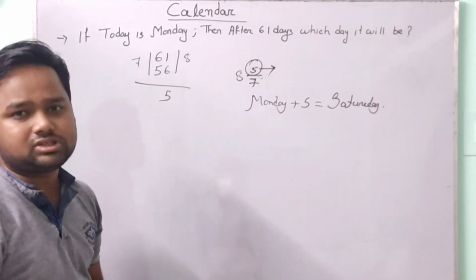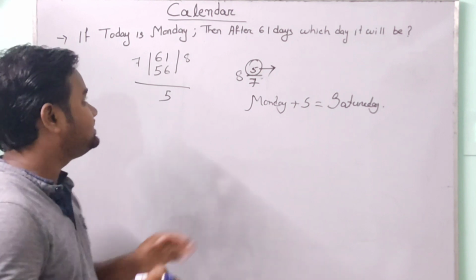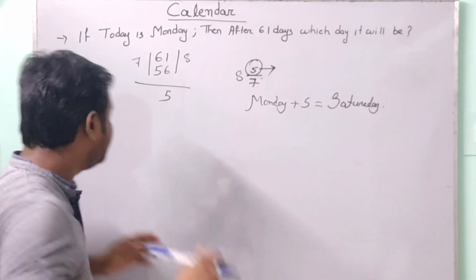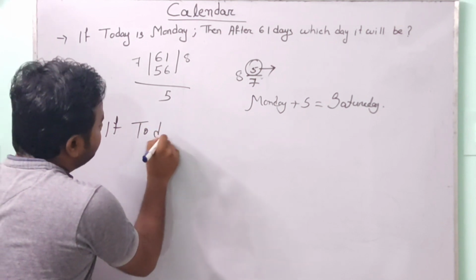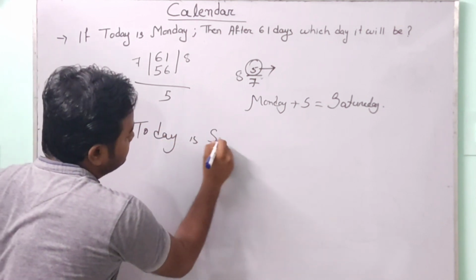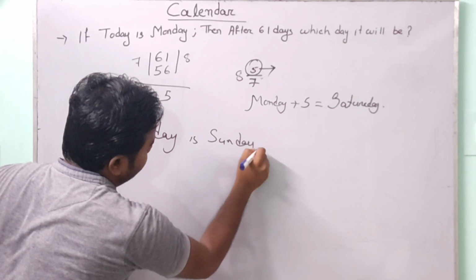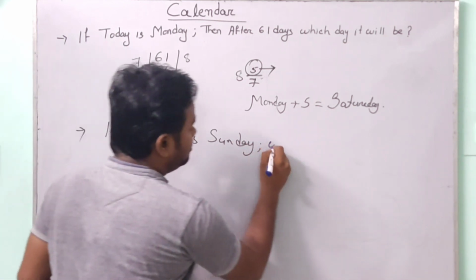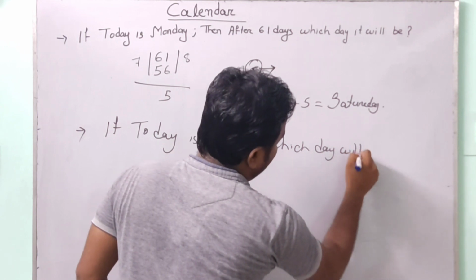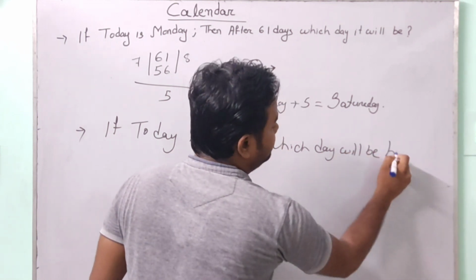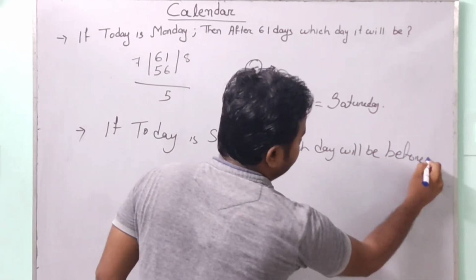Similarly, if the question asks for the day before, that means if the question is: if today is Sunday, which day will it be before 20 days?